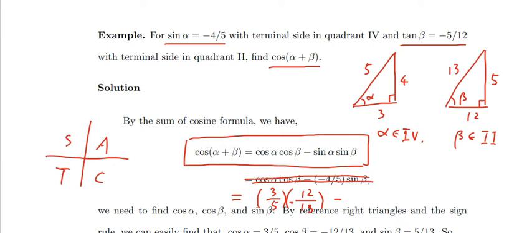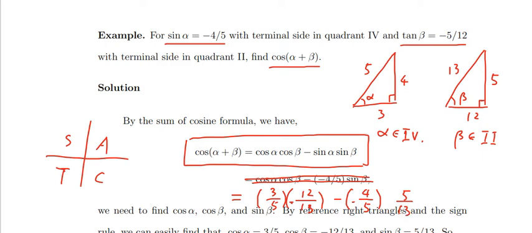So sine alpha is 4/5, but this sign is negative. And sine beta is 5/12. Oh, I'm sorry, 5/13.